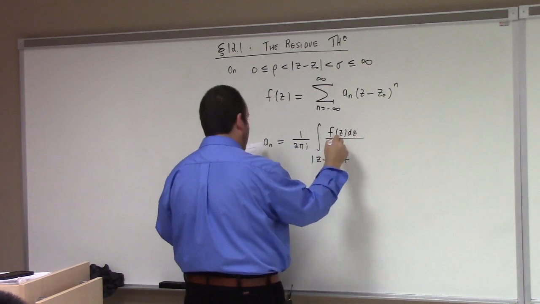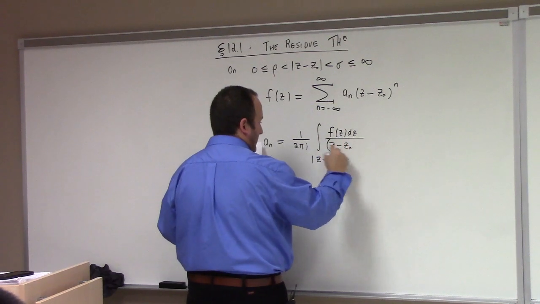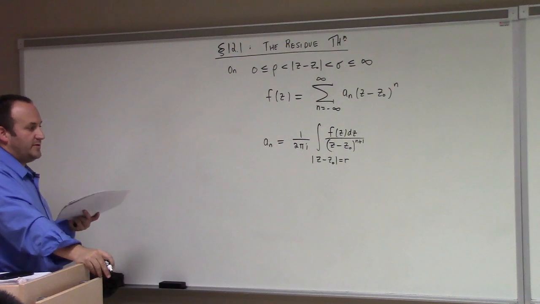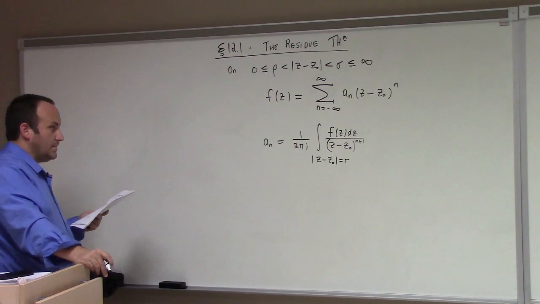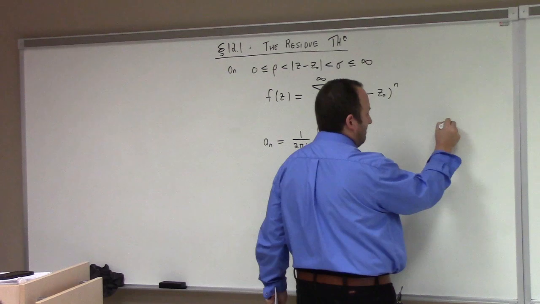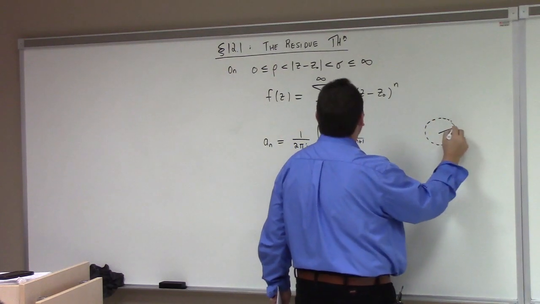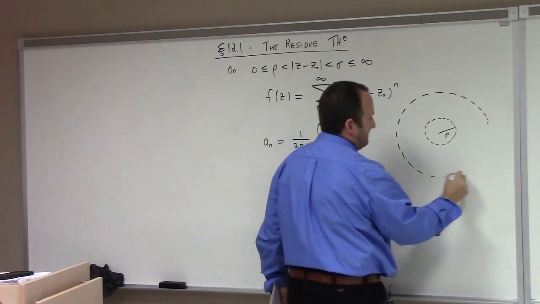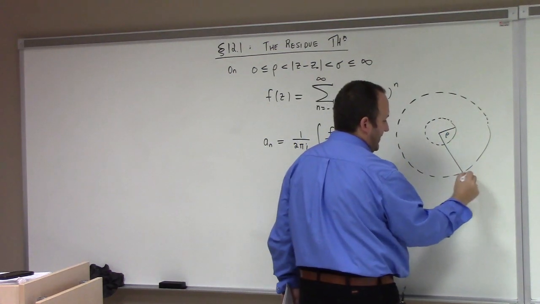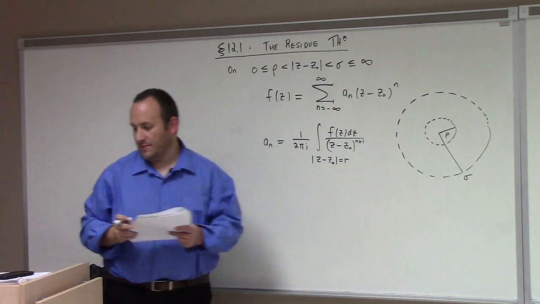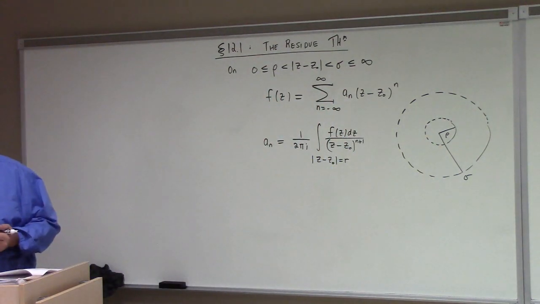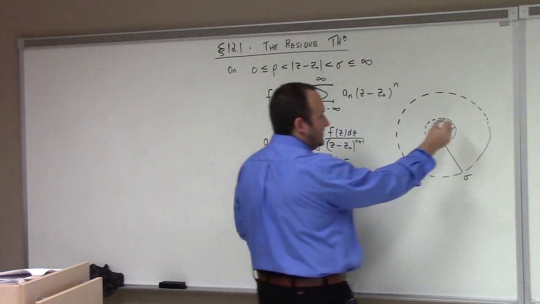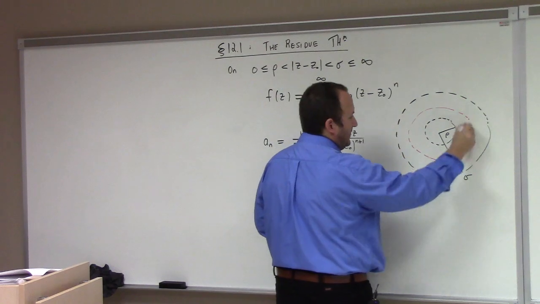Okay, I'll allow it. Okay, z minus z naught to the n plus 1. So that's, and where is this r? So we have in mind, possibly rho is the inner radius. Out here is sigma, the outer radius. Again, rho could be 0, sigma could be infinity, but this circle of radius r, it's somewhere in here somewhere, right?